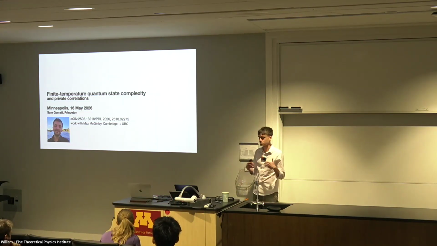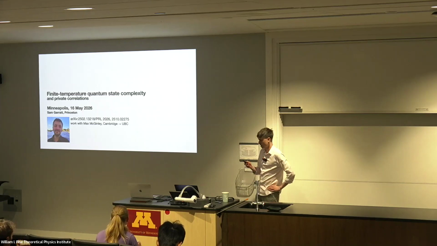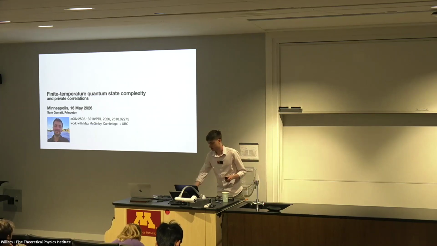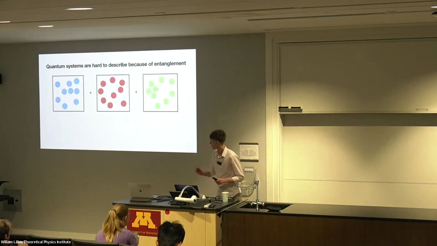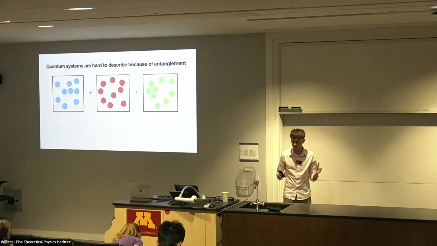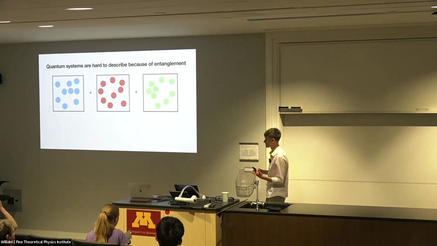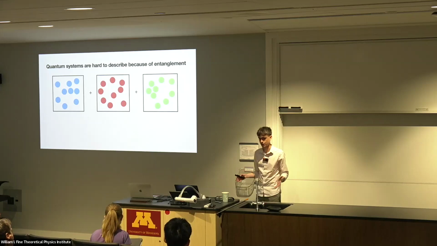So this talk is really about identifying the kinds of quantum systems where we need quantum simulation. One of the reasons that we need quantum simulation is that many-body quantum systems are quite hard to describe. And one of the reasons that they can be hard to describe is because they're entangled.